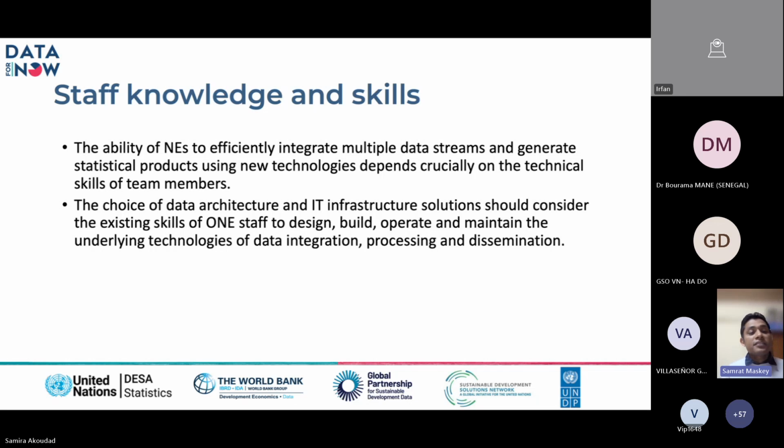The ability of a National Statistics Office to efficiently integrate multiple data sources and generate efficient statistics needs competent staff that have learned the skills, because these are new technologies, so we need to invest a little bit more. And while we are deploying the new architecture, we should consider the skill set of the staff, what they already know, and then move in that direction. Next slide, please.